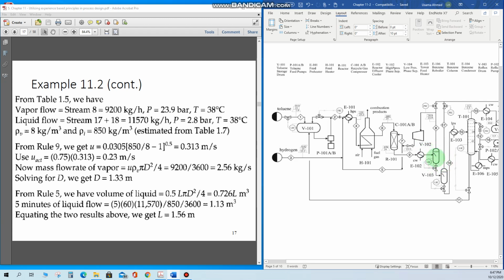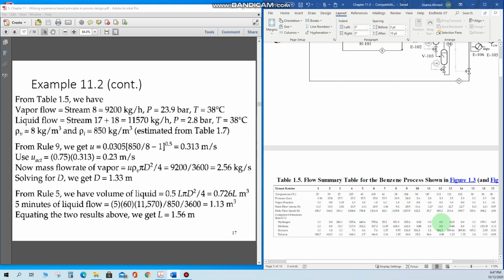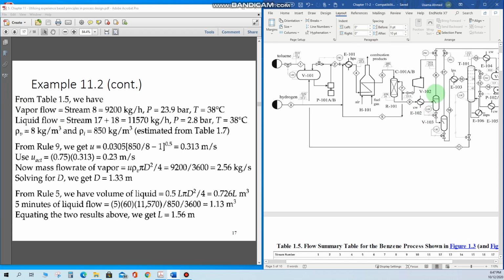From this vessel we can see that the vapors are going up in stream number 8, and there will be liquid going down in this lower column. The liquid that is going down will be equal to the flow rate from streams 17 and 18. So the liquid flow will be equal to streams 17 and 18, and then you can get the flow rate from Table 1.5. Similarly, the vapor flow rate, the vapors which are going up from this column, is stream number 8.